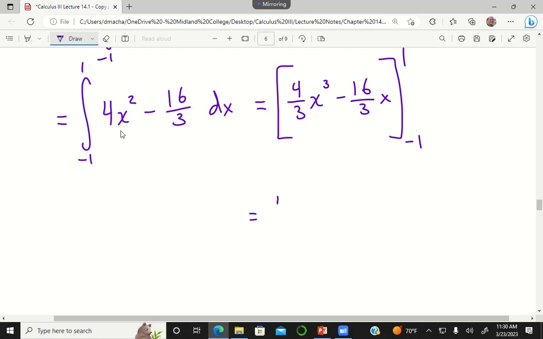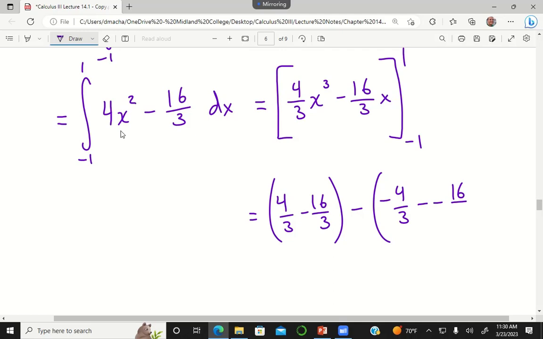So that's going to be 4/3 minus 16/3 minus -4/3 minus -16/3. So that's going to be 8/3 minus -16/3. Hold on, so that's -32/3. The first one being -12/3.